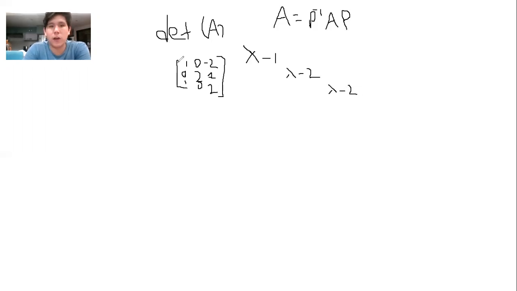So we just put our lambdas in our diagonal like the other problems. We have to find our eigenvalues here too. So in this case, it will be 1 and 2. We just have two eigenvalues because these ones are the same.